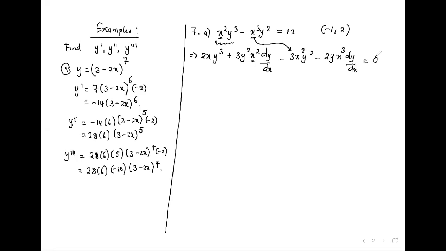For easy simplification here, our target is to find dy/dx. So wherever there is x, we'll take -1, and where there is y, we'll take 2.